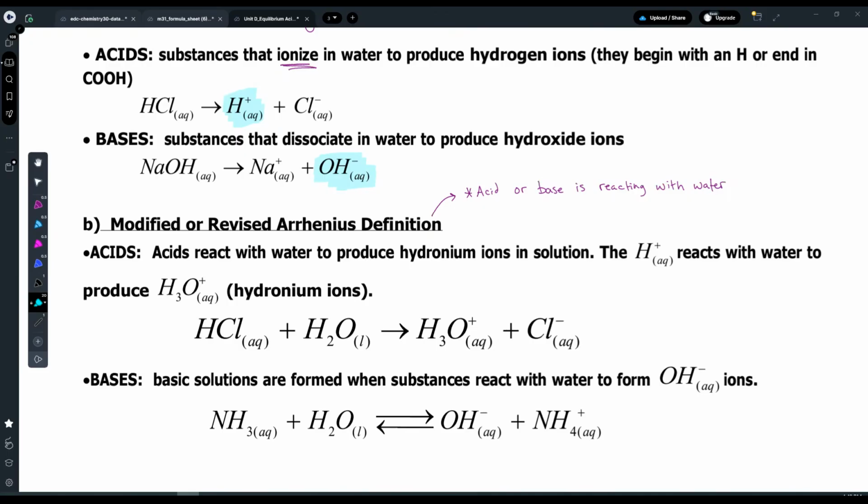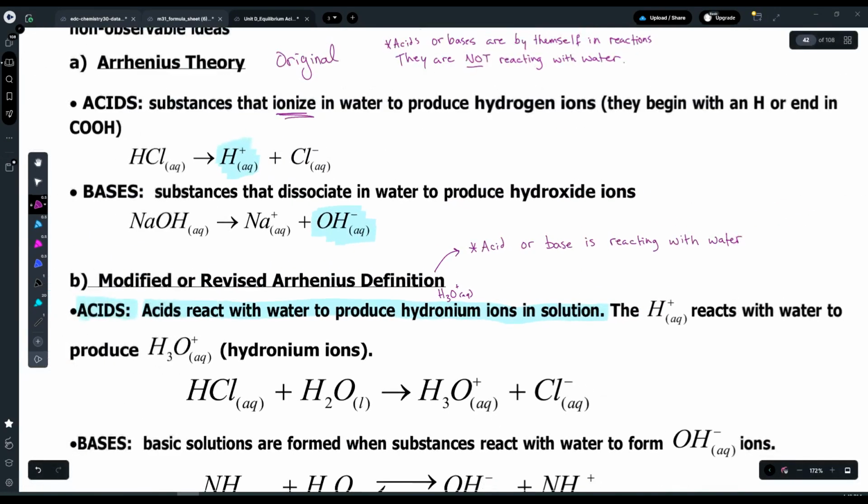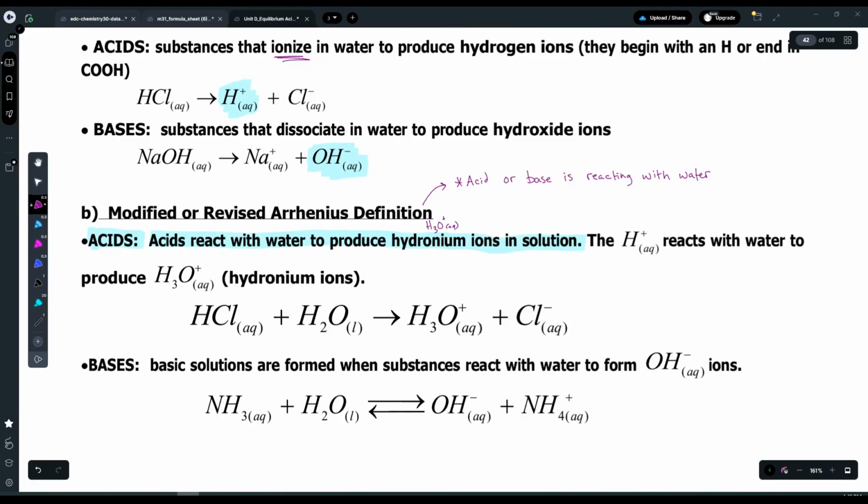The other definition that we're going to focus on in this course is going to be Bronsted-Lowry. So acids, they're going to react with water to produce hydronium ions. Hydronium is H3O+, and it will be aqueous. How hydronium ions get produced is that the H+ from the acid reacts with water to produce the hydronium ions.